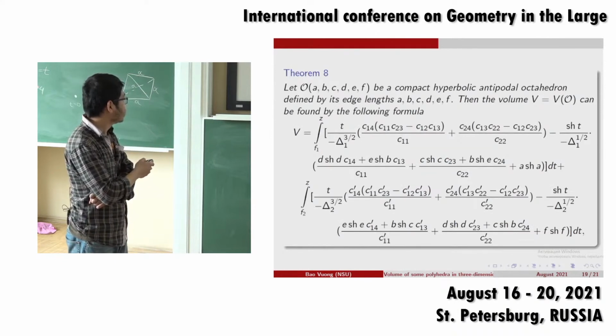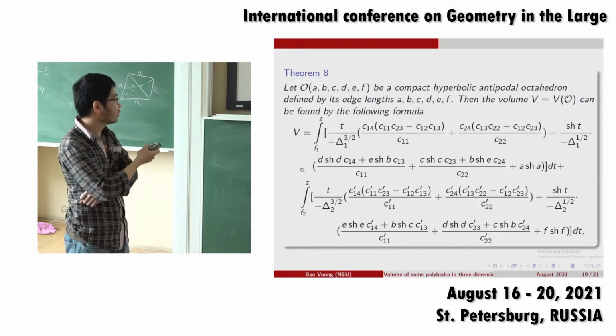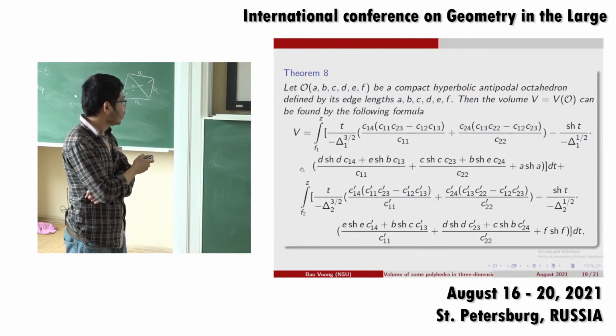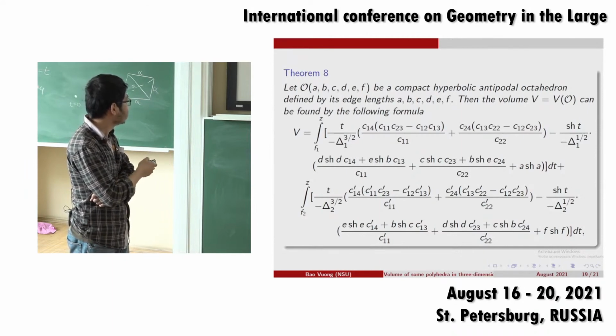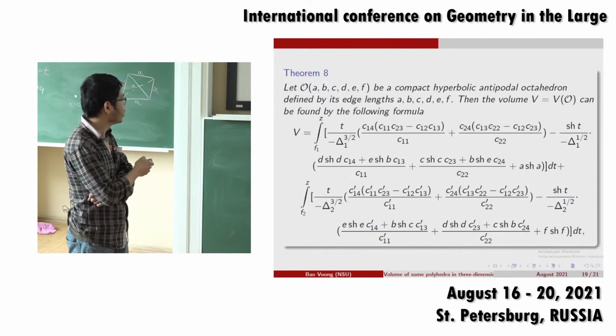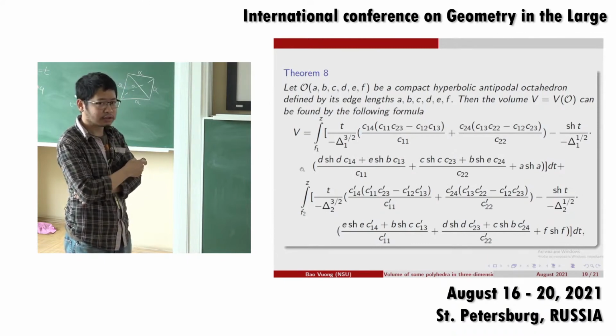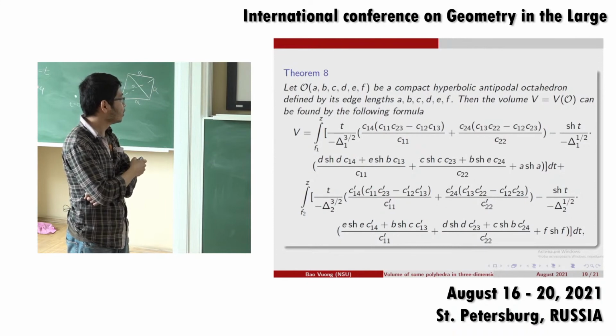It is just the sum of the volumes of two, so exactly four, but of two types of tetrahedron. The first part is the first tetrahedron, and the second part is the second tetrahedron. This reminds us of the formula we previously talked about for the hyperbolic tetrahedron in terms of edge lengths, and we get a volume formula for the antipodal octahedron.